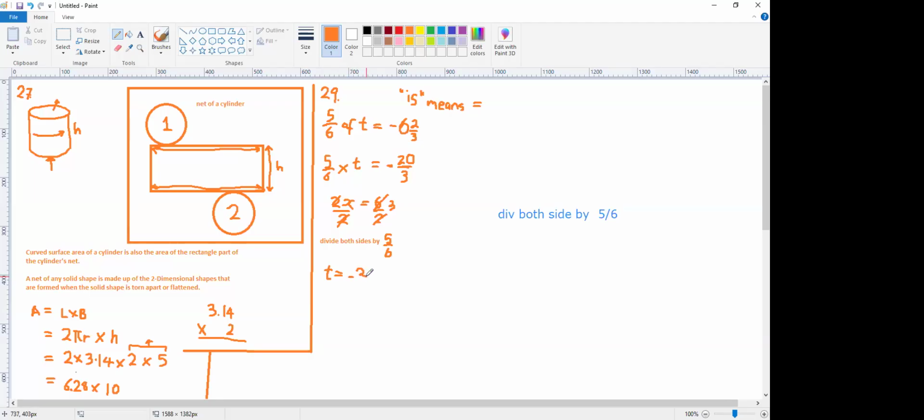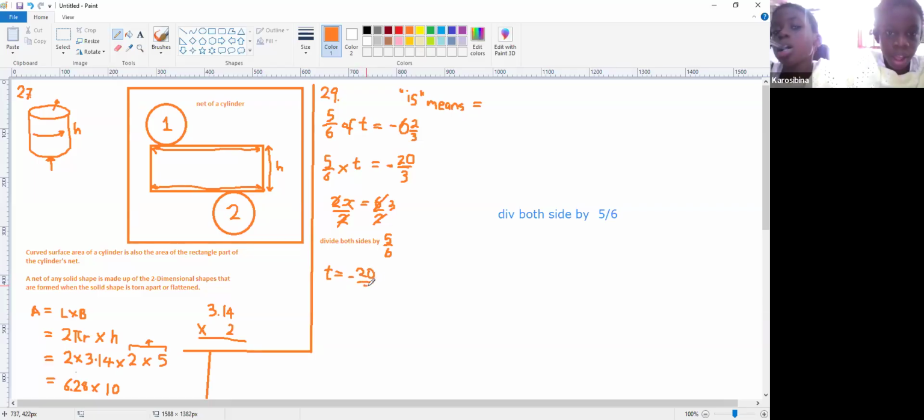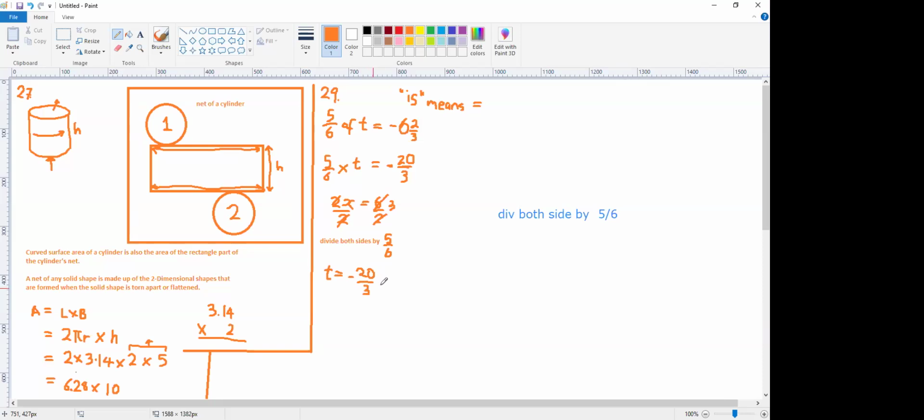Minus 20/3 divided by what? 5/6, isn't it? You see that this thing is, if not the simplest question among all the ones we've done, one of the simplest questions.